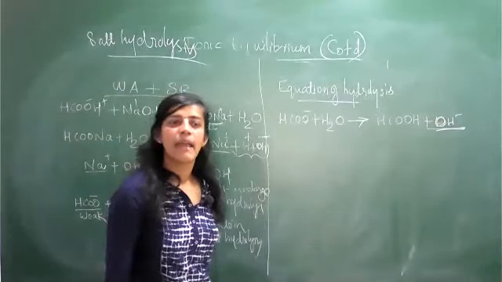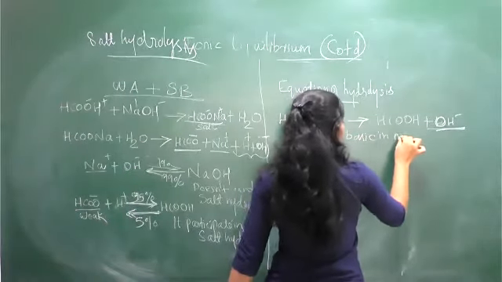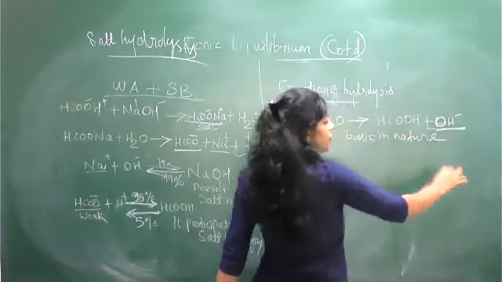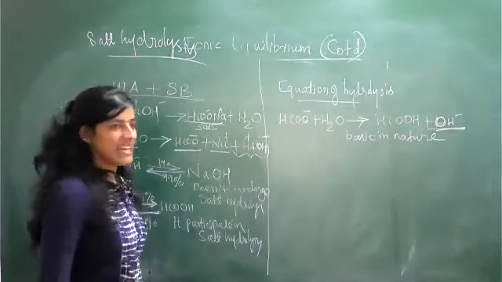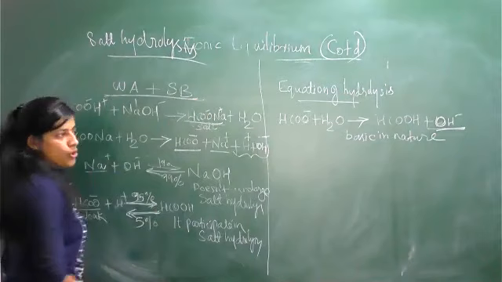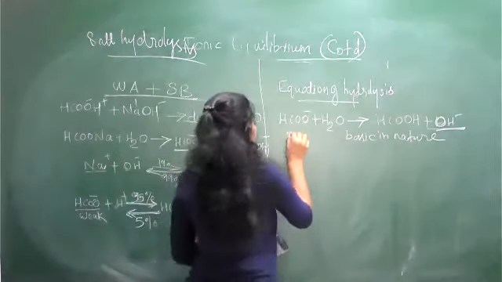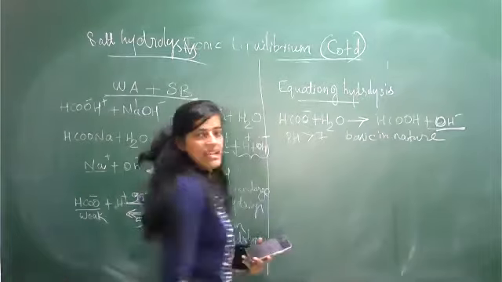That's why it is basic in nature. Because in aqueous solution it liberates OH minus ion. This HCOO minus is basic in nature. Okay. Weak acid, strong base. So we can say pH is greater than 7. Right? Basic. pH should be greater than 7. These are the conclusions.